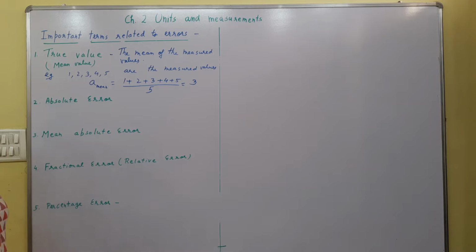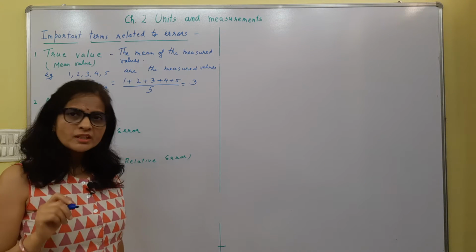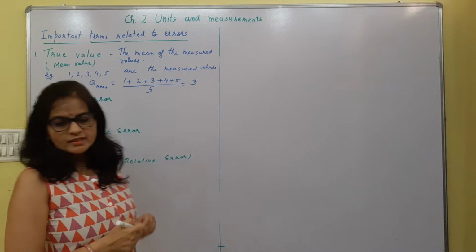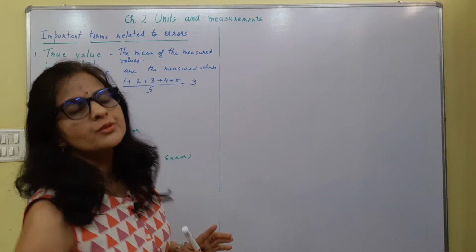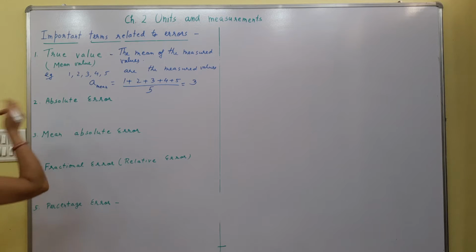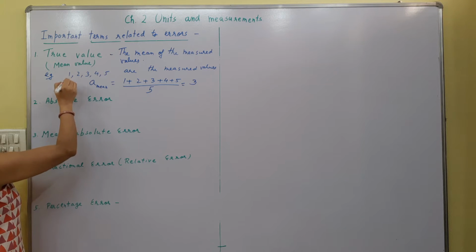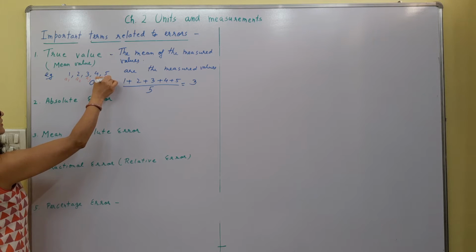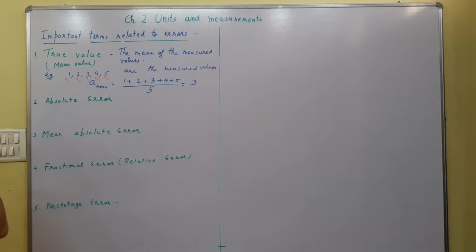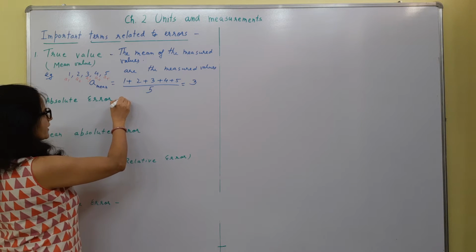Now what is an absolute error? Absolute error is the difference of each measured value with the true value, right? So if I am saying that this value is my first measured value, this is second measured value, this is third measured value, this is fourth, and this is the fifth measured value. So what will I write first?